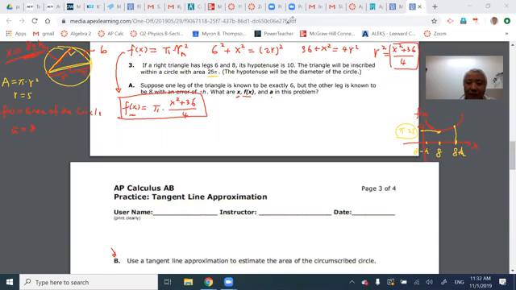I try to exaggerate it so it's easier for you to see. Let me erase this one first. So make the graph steeper here. So you can see that from here, they go like this. So when this one is 8, this is 25 pi, no problem.